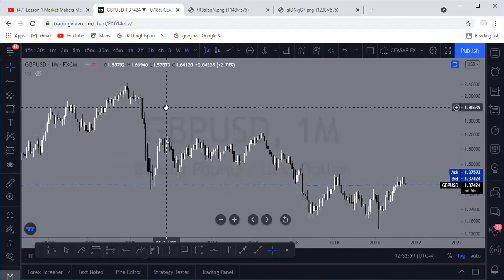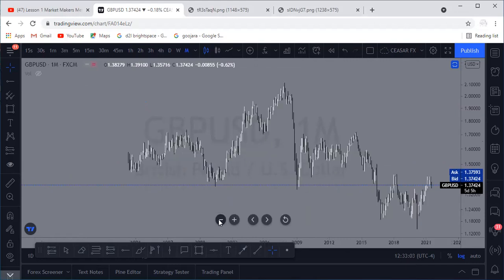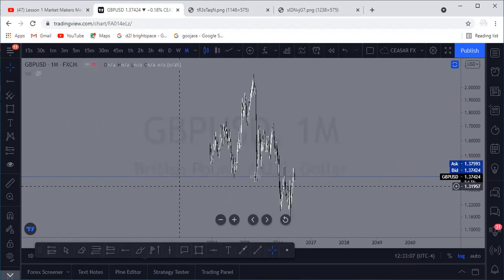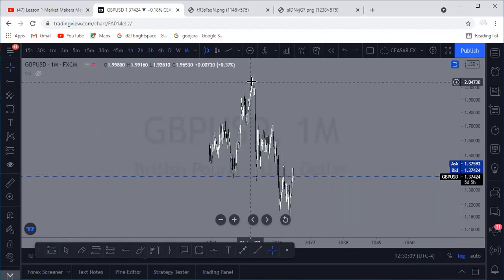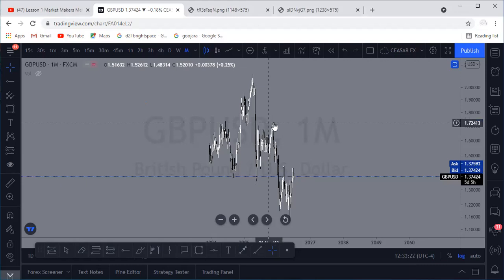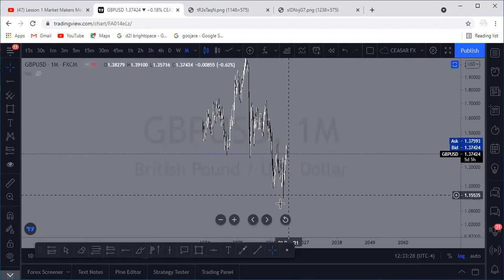But by the way, the market is in a bearish trend. Let me show you that we are bearish. The market had higher low, higher high, higher low, higher high, higher low, higher high, and then it created this lower low, and then we had these lower highs here, and this was our final lower low.